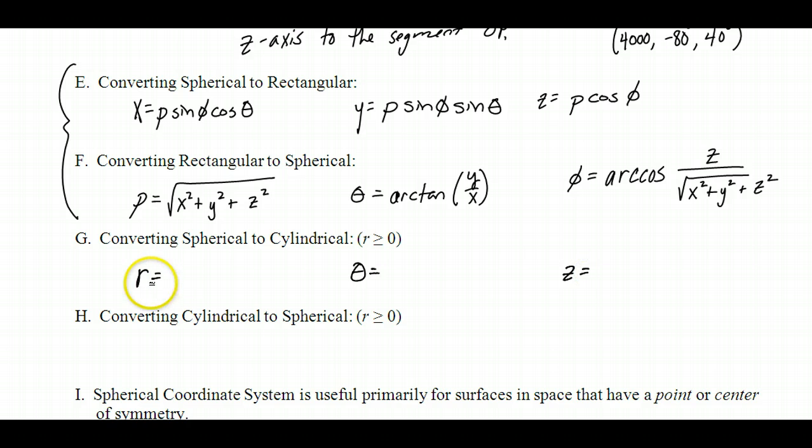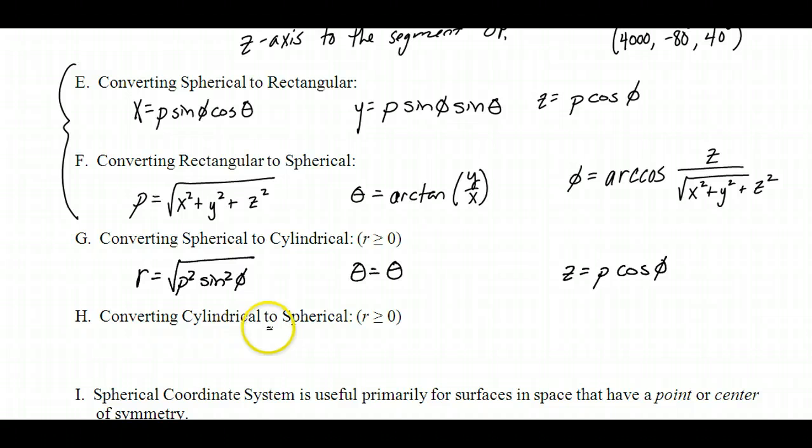Well, r is equivalent to the square root of rho squared times sine squared phi. Theta is just theta, so that's pretty nice. And z, because it's the same z, is rho times cosine phi.